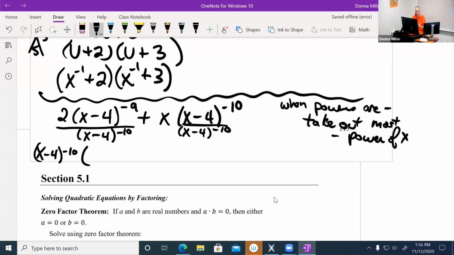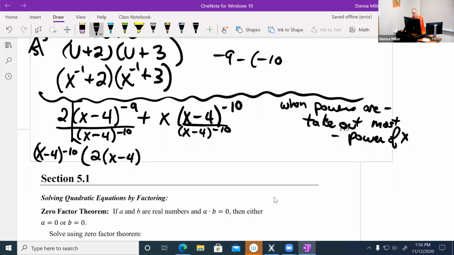Okay, so you see that these guys right here, they have the same base, right? So we just subtract the exponents when we divide them. So I need to do -9 minus -10. The 2 just comes down for a ride. So it's x minus 4. So I'm going to do the -9 minus a -10. So you see how that comes out to be 1?